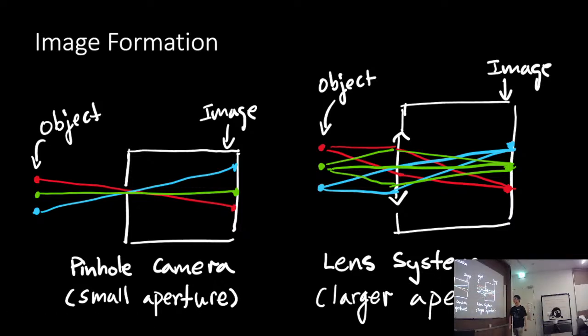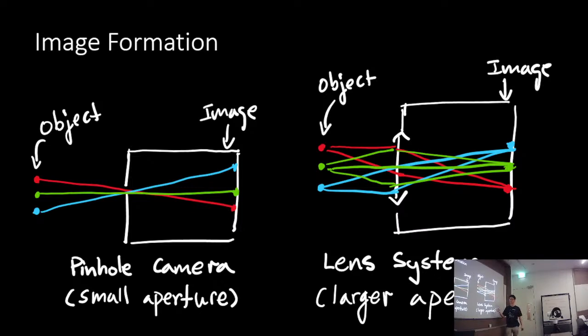When you extend it to a lens system, it works on exactly the same principles. So light from the red dot here will pass through this lens and hit this point. When the light from the red dot passes through the center of the lens, it just passes through. But when it passes through here, it goes to the same point, and here, the same point.